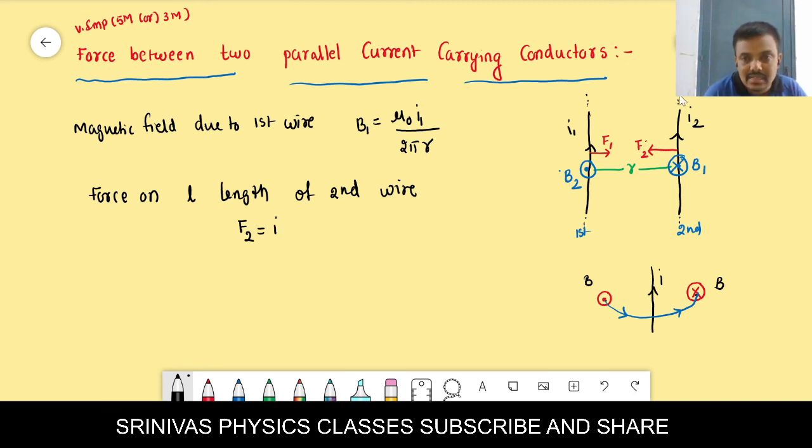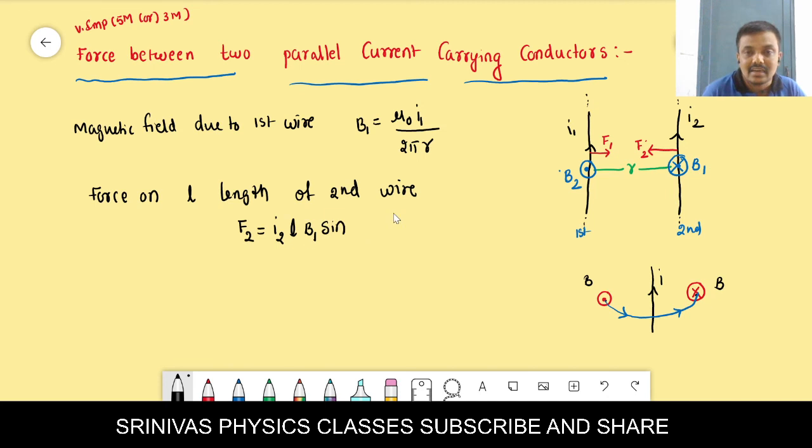But for the force on the second wire, F2, the formula is I L B sin theta. Second wire current I2, second wire length L. The second wire is in the magnetic field of B1, so we write I2 L B1 sin theta.